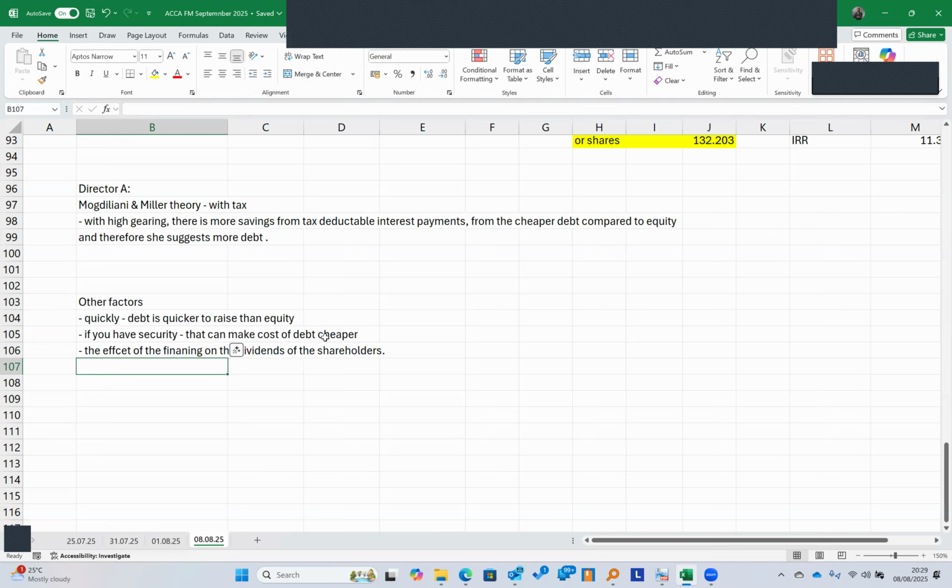So you need to know what the effect is going to be on them once you take out more debt and reduce on your interest cover. Not interest cover, but dividend yield. Okay? Because they will not be happy if you give them less dividend than you did before. So these are some of the other factors that you should consider.